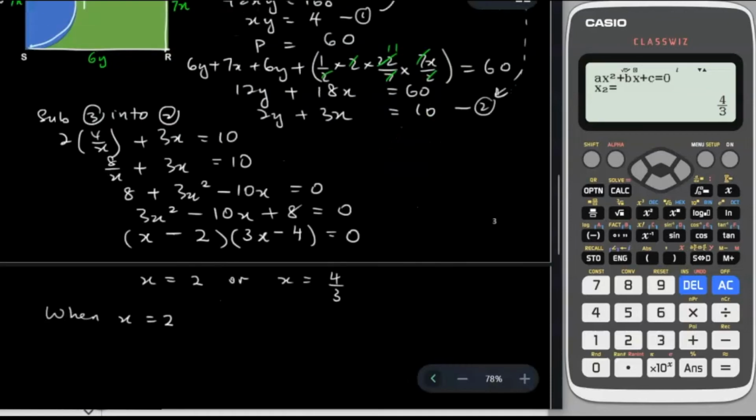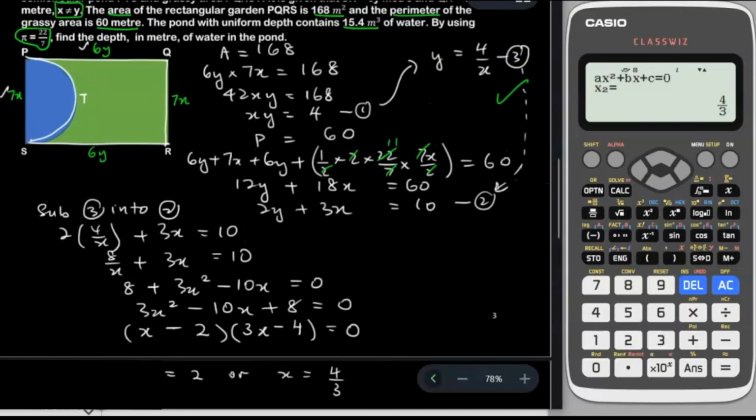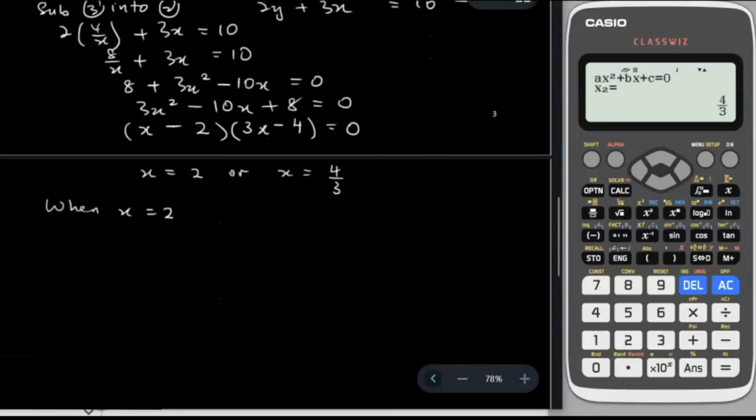So let's go back here. So the equation 3 is y equals to 4 over x. So y equals to 4 over x, which is equals to 2. So you see, x equals to 2 and y is also equals to 2.